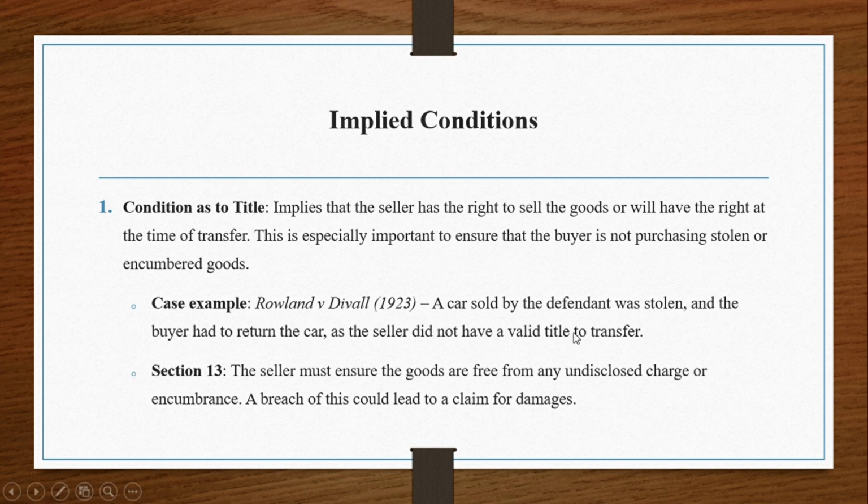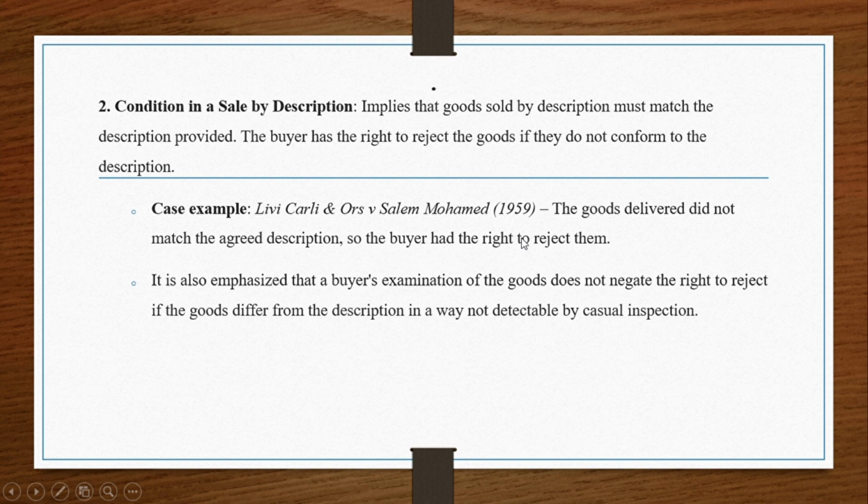The seller did not have the ownership or the title to transfer to the buyer since the car was stolen. So the seller was supposed to refund the money to the buyer since the seller breached the condition as to title.